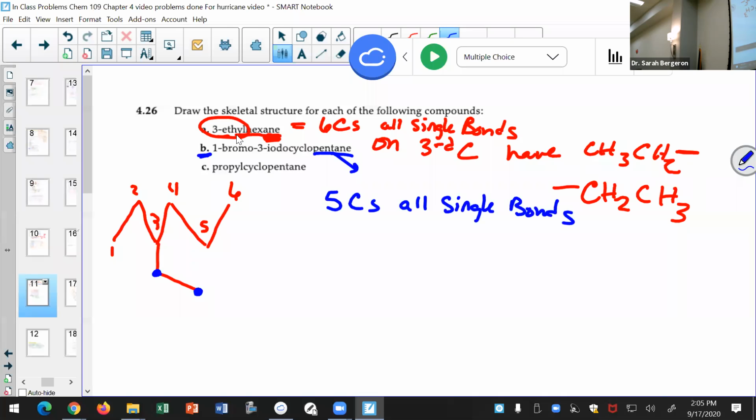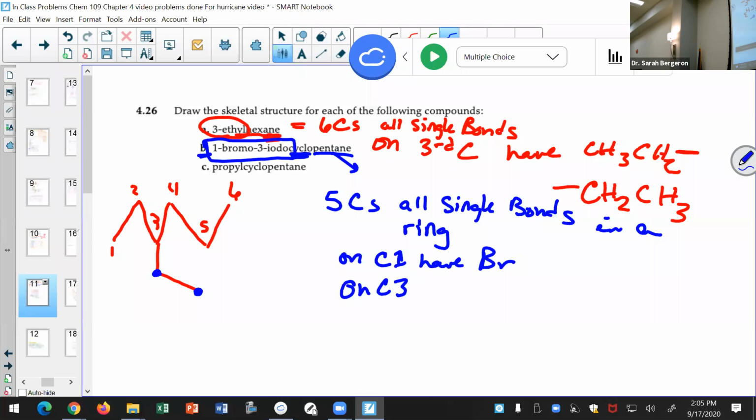Okay, now, what does the cyclo tell us? In a ring, okay? Now we gotta worry about our substituents. We have on carbon 1, we have what? You have Br, bromine. And then on carbon 3, you have what? Iodine.